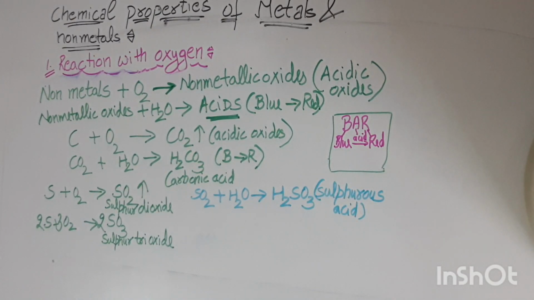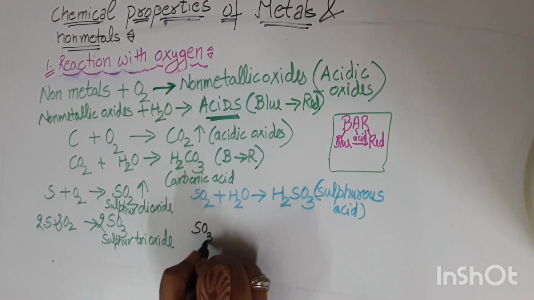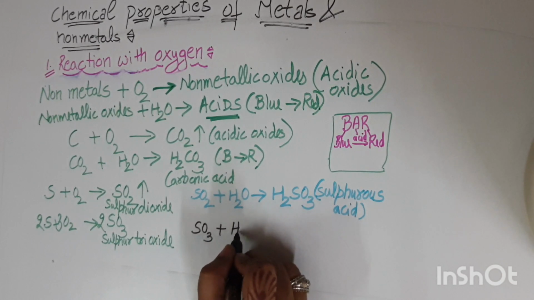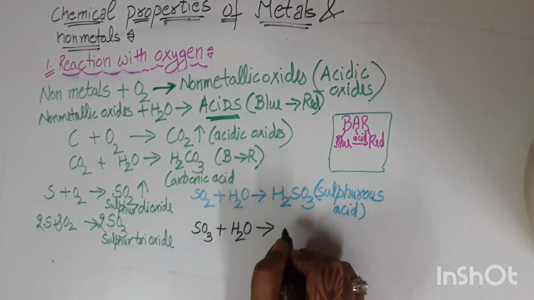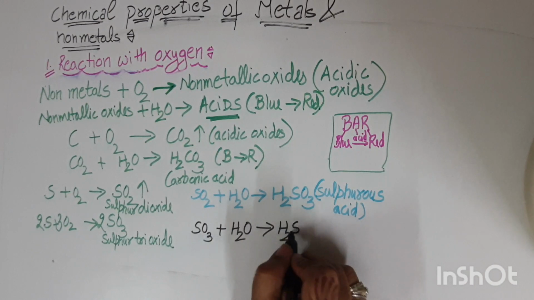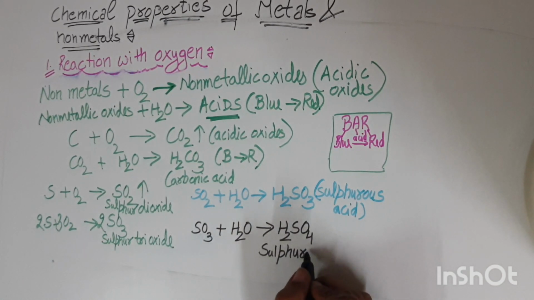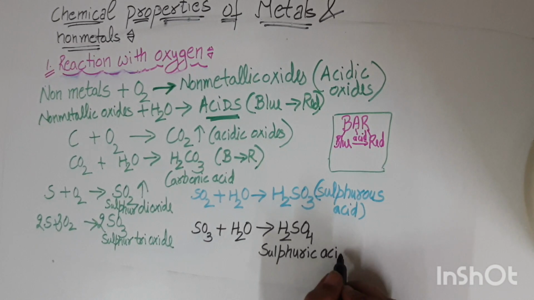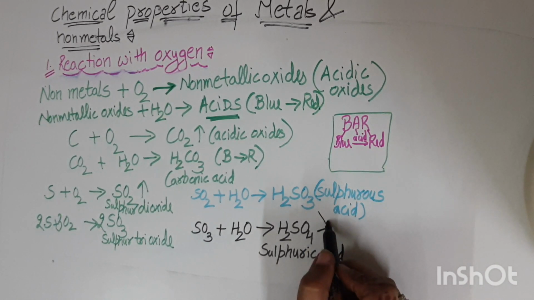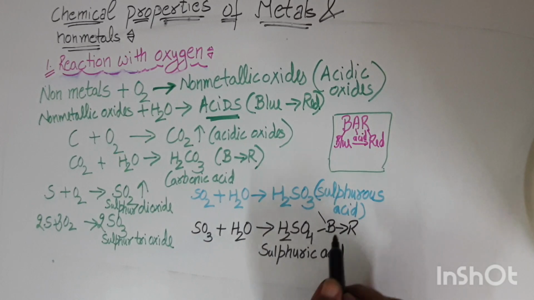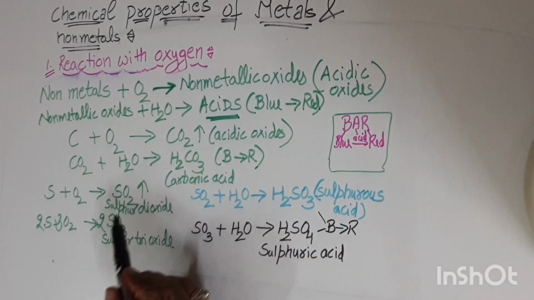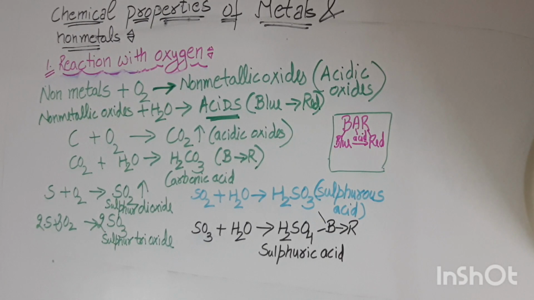And if you have SO3 instead, this SO3 gas will dissolve in the water and form H2SO4. Which acid is this? This is sulfuric acid. Both of these will turn blue litmus to red. So this shows that SO2 and SO3 are acidic oxides.